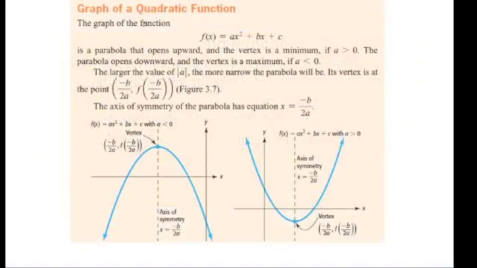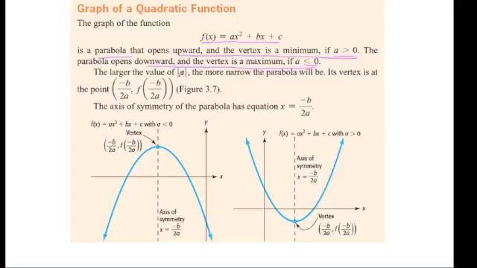Now looking at the graph of a quadratic function in the form f of x equals ax squared plus bx plus c, it is a parabola that opens upward, and the vertex is a minimum if a is greater than 0. It opens down, and the vertex is a maximum if a is less than 0.